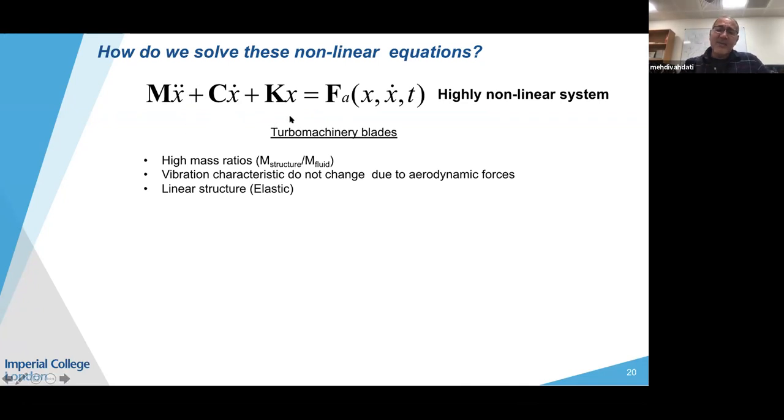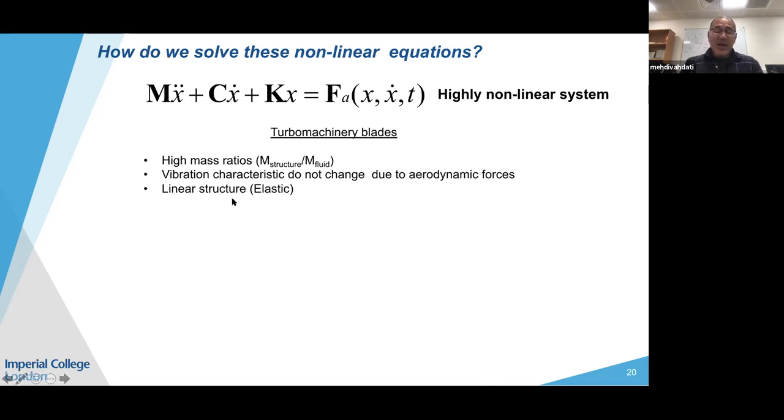The good thing about turbomachinery blades is they have a very high mass ratio, i.e. the mass of the structure is much bigger than the mass of the fluid. Consequently, the vibration characteristics do not change due to the aerodynamic forces. It's not like the previous video I showed, for that wing, where the air managed to couple the flap and the torsional mode and create another mode.